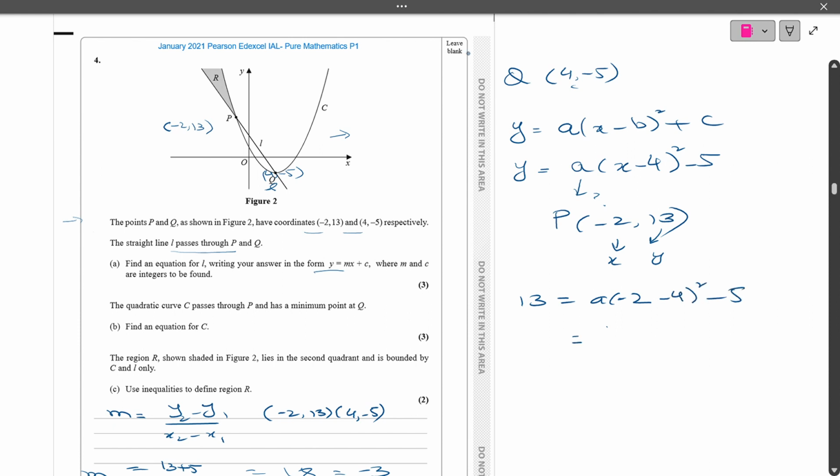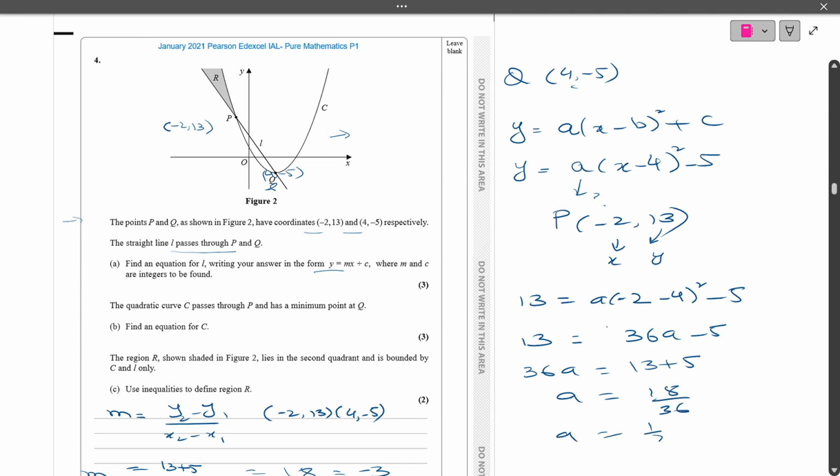So this is -6, and -6 squared is 36, so 36a minus 5 equals 13. So 36a equals 13 plus 5, and a equals 18 over 36, and a equals half.